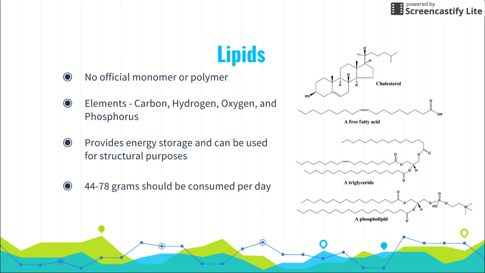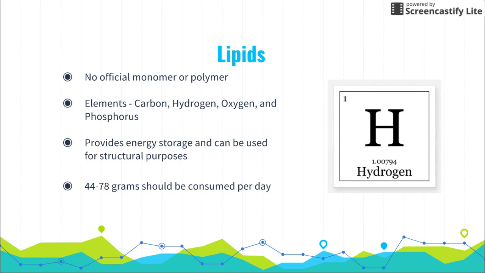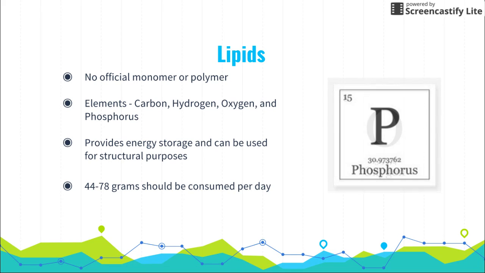Lipids. Lipids do not have an official monomer or polymer, but they are composed of carbon, hydrogen, oxygen, and phosphorus. They provide energy storage and can be used for structural purposes, such as organs.